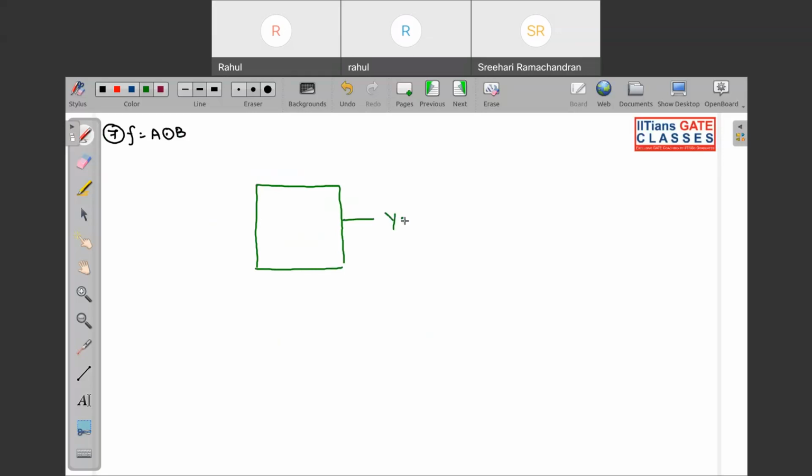You require this Boolean expression. So this will be B complement, this will be B, then you will get this again. Okay, so any doubts in this? Any doubts?